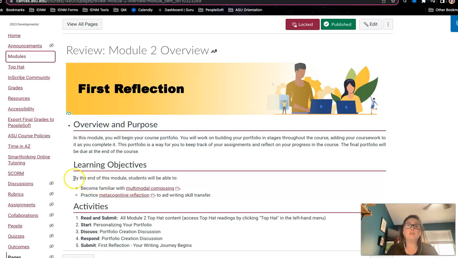We list the learning objectives, which again are written in that student perspective context. And as mentioned, we do also have these links that will take students to definitions of the terminology that we're using throughout the course. So hopefully they'll be a little more familiar with it by the end.